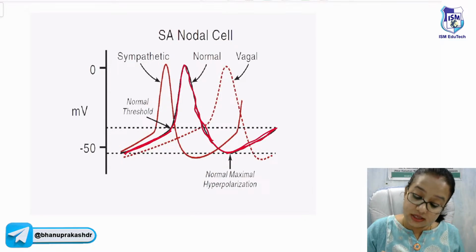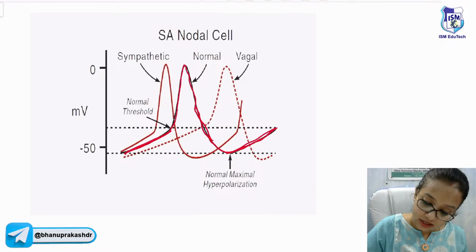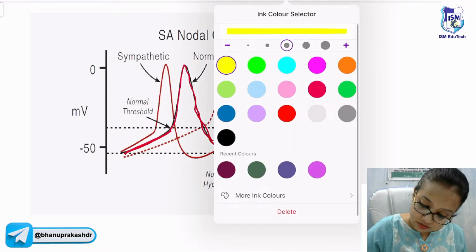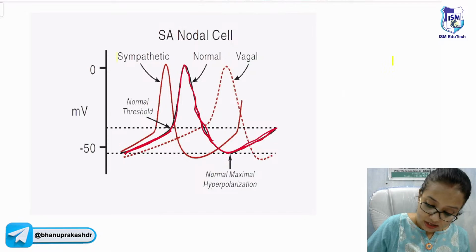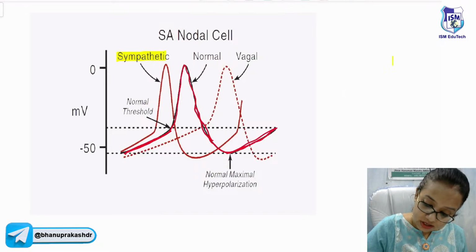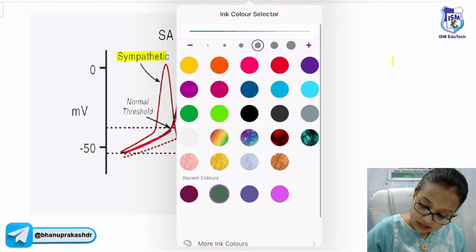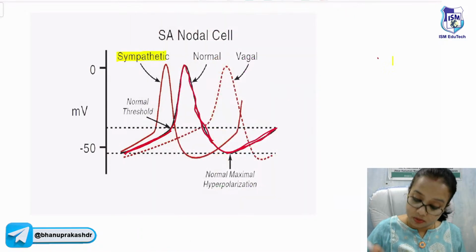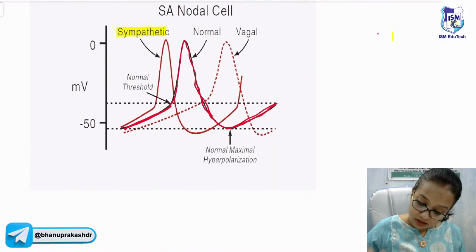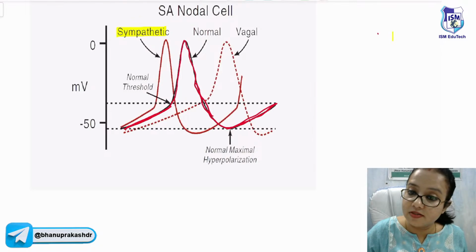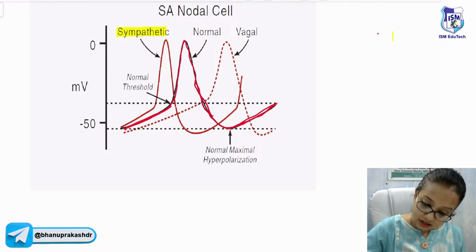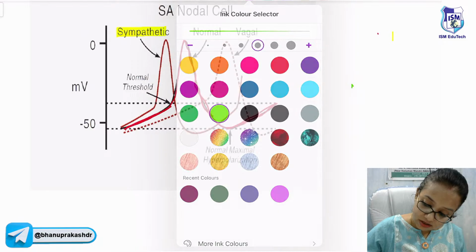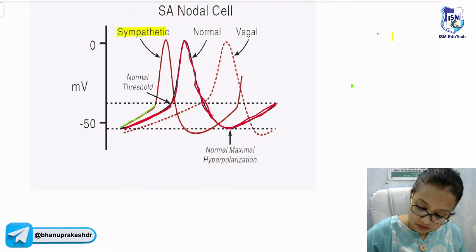Now, when the same SA node is stimulated by the sympathetic nervous system, which is a branch of the ANS as we studied earlier, here we see the heart rate is increased. Now the point at which the sympathetic innervation acts is at the pre-potential phase. It is at the phase 4.